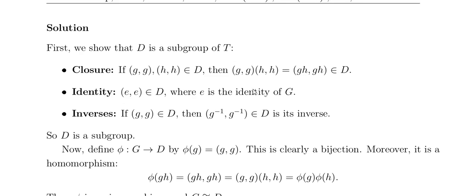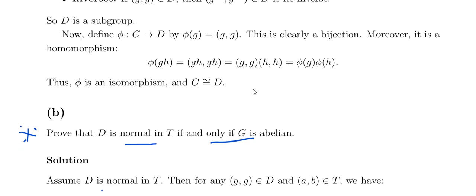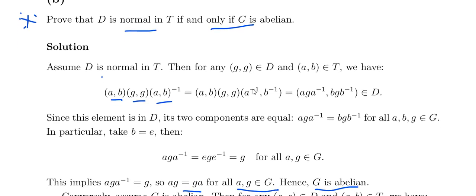D is a normal subgroup in T if and only if G is abelian.